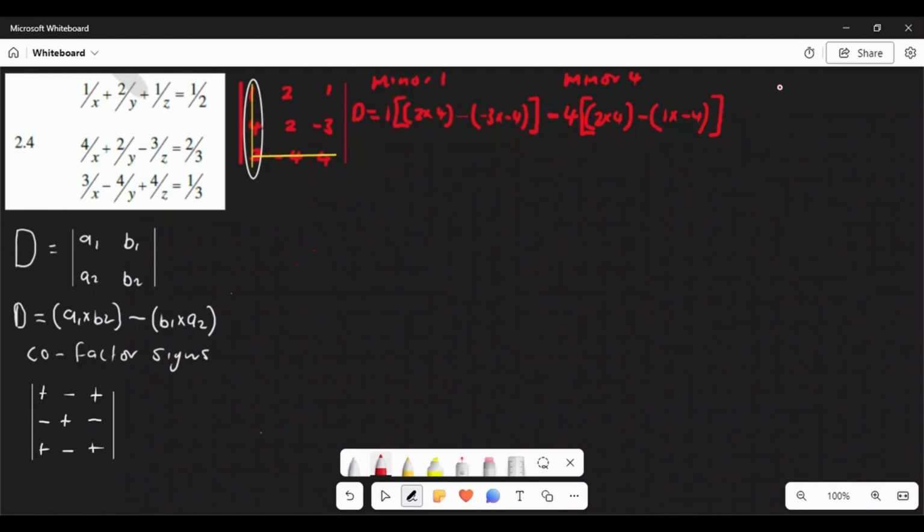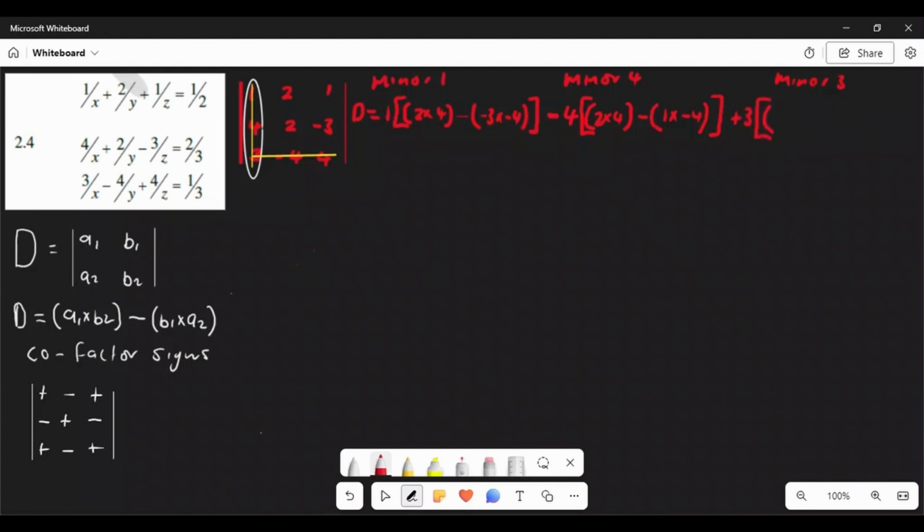So you write here minor, it's 3. Now when you look at the cofactor sign for the minor, on the first column and the last row, you can see the sign is positive, so you write plus 3. You write the minor and the sign, right?